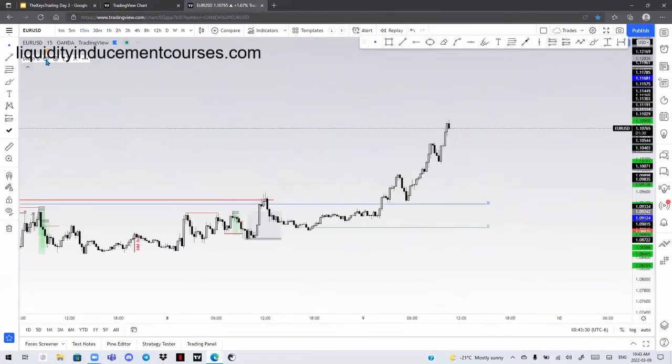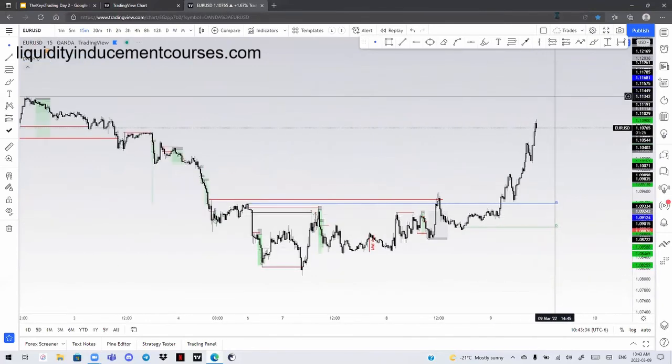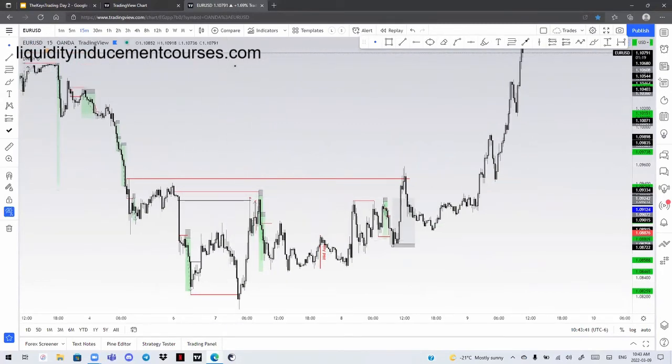Either that, or the simplest thing that everyone else does is, let me hide the indicators. They draw a line through the high. Let's say this is the high of the day, this is the low.